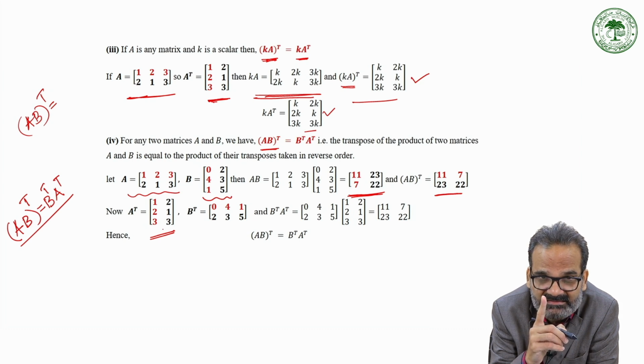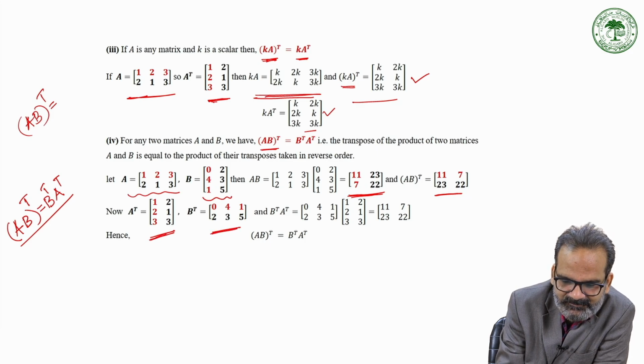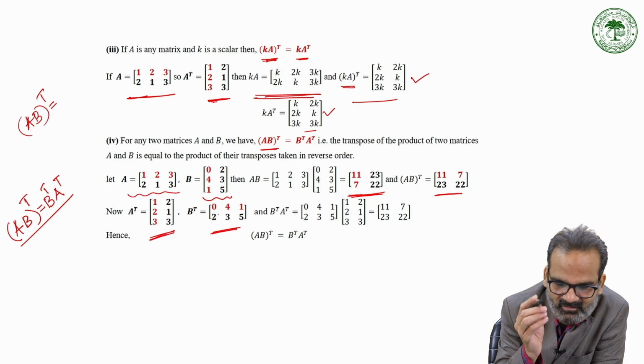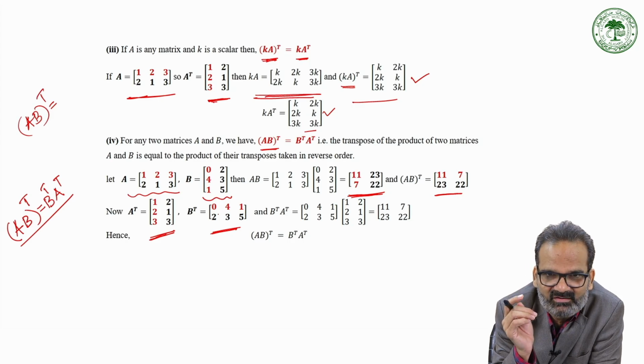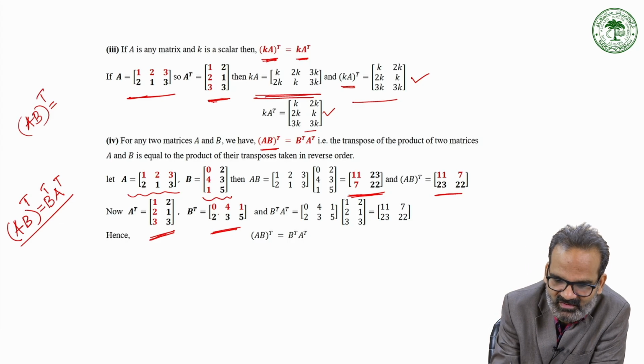And if A is having 2, 1, 3 as a second row, then AT will have 2, 1, 3 as a second column. So this is AT. Likewise, this is BT. Here, the first column of B is 0, 1, 4. So the first row of BT must be 0, 1, 4.